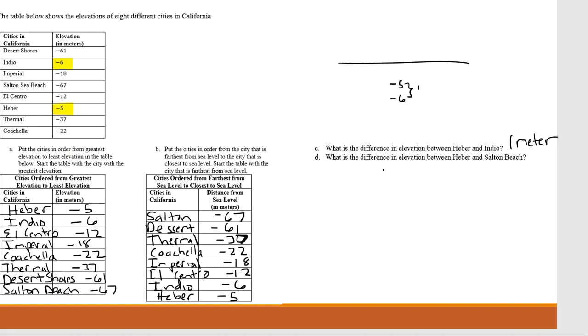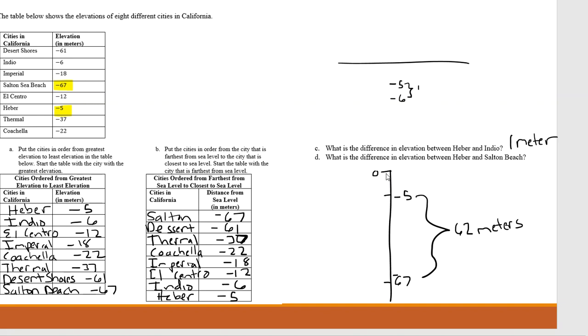Okay, what is the difference in elevation between Heber and Salton Beach? Okay, so Heber is at -5 and Salton Beach is at -67. So if I plot those two locations, if I just make a vertical number line here, you can see that Heber would be 5 away from 0.